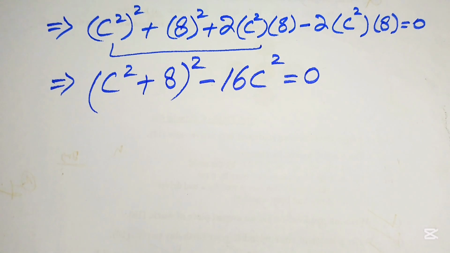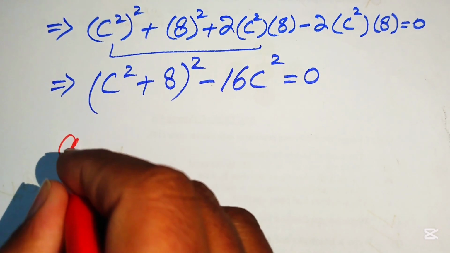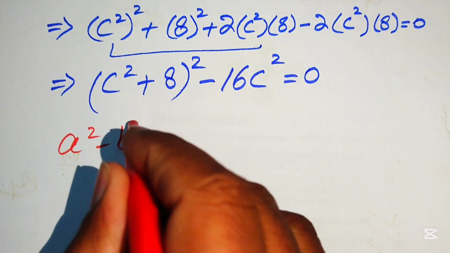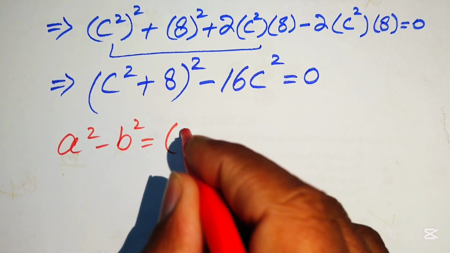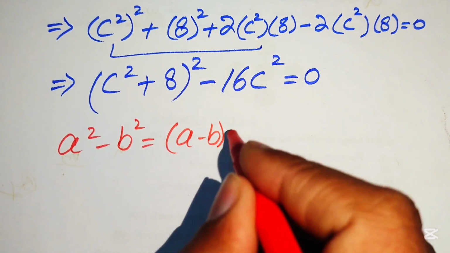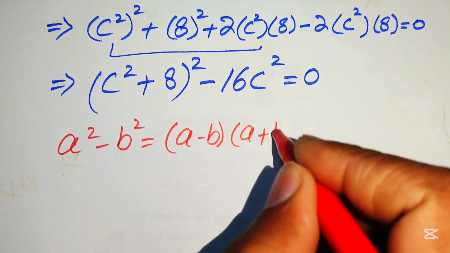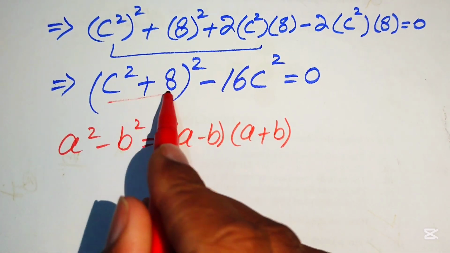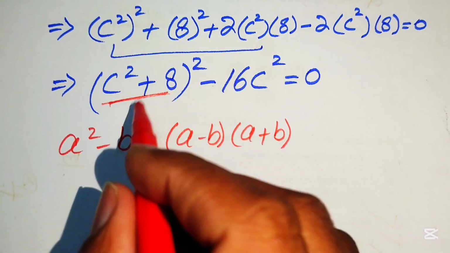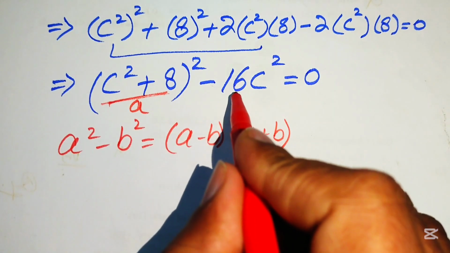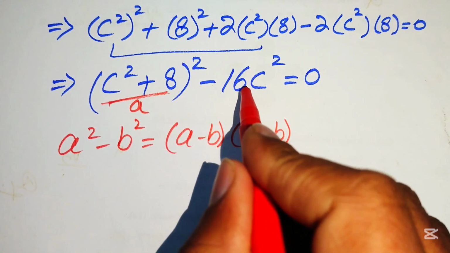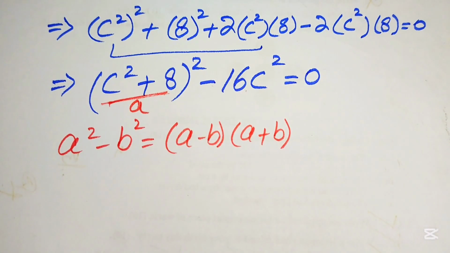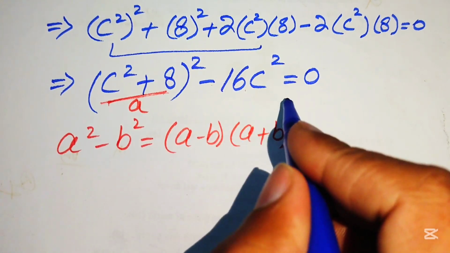Now we apply another nice formula. You know that a square minus b square equals a minus b times a plus b. Here we need this formula. You see that this whole term is our a, and first I write this in the formula form.